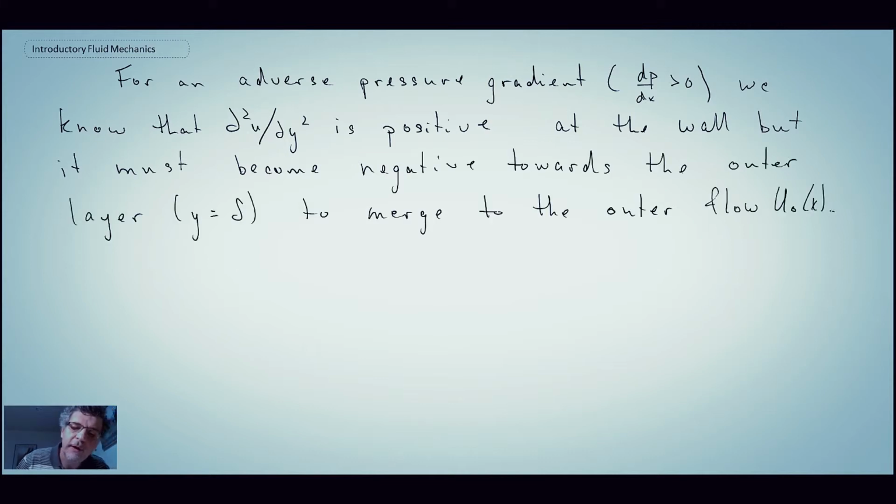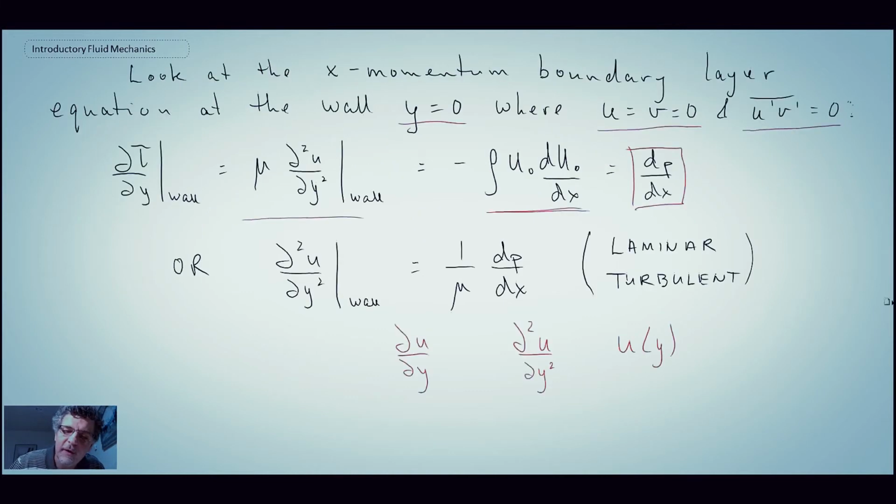Okay, so looking at the equations that we just wrote out for the shear stress, for an adverse pressure gradient where we have dP with respect to x greater than 0, if we look back at our equations, we have a relationship here between dP/dx, the derivative of pressure with respect to x, and on the left hand side we have the second derivative of velocity with respect to y.